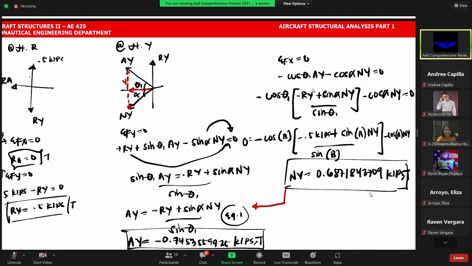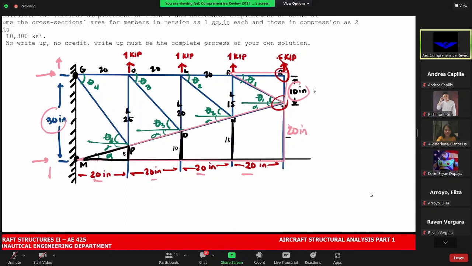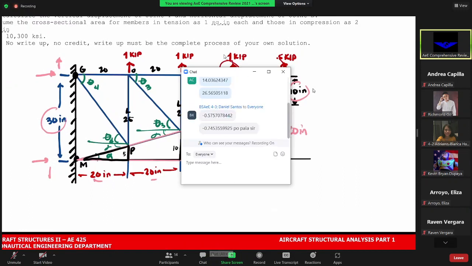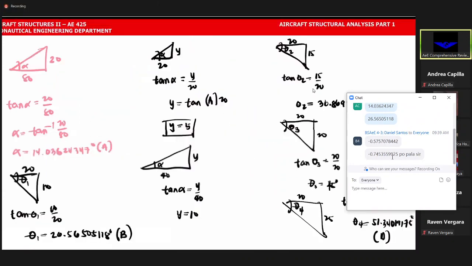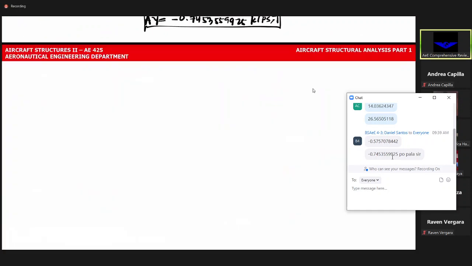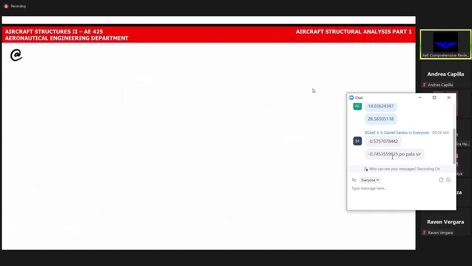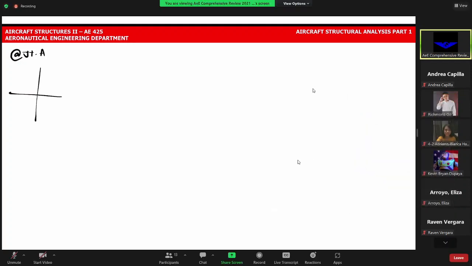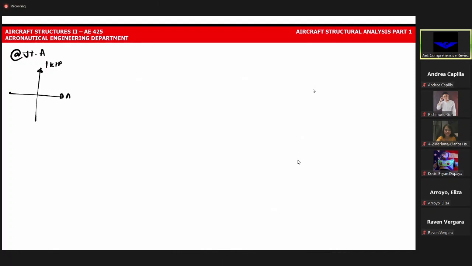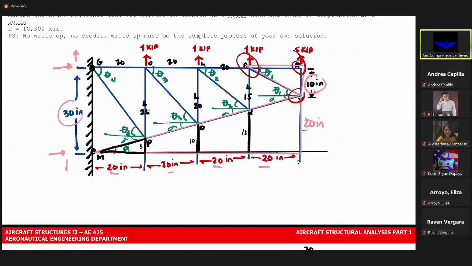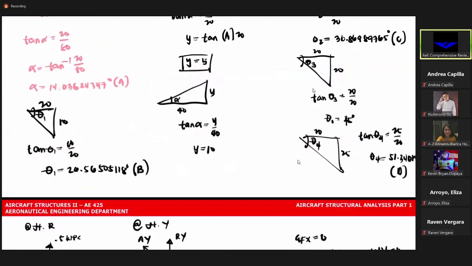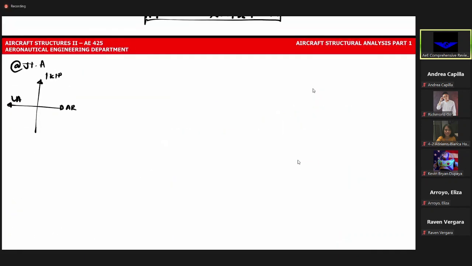Okay, after that, we can proceed to joint A. At A, just draw again a free body diagram at joint A. At joint A, we have the 1 kip that is given. We have Ra, and then we have La.